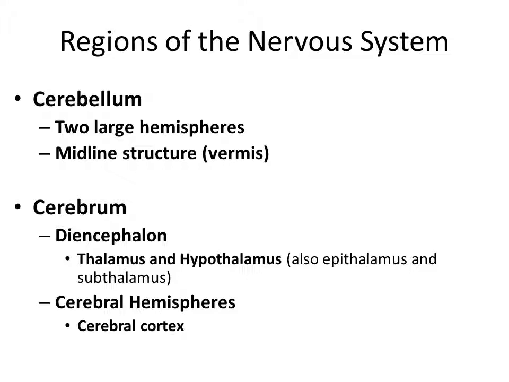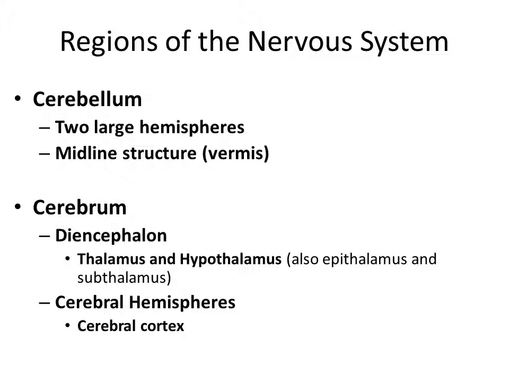The cerebellum itself has two large hemispheres and a midline structure called the vermis. We'll talk a lot more about the cerebellum and the cerebellar peduncles and what specific tracts run in those peduncles when we talk about the cerebellum and the brainstem in Unit 3.